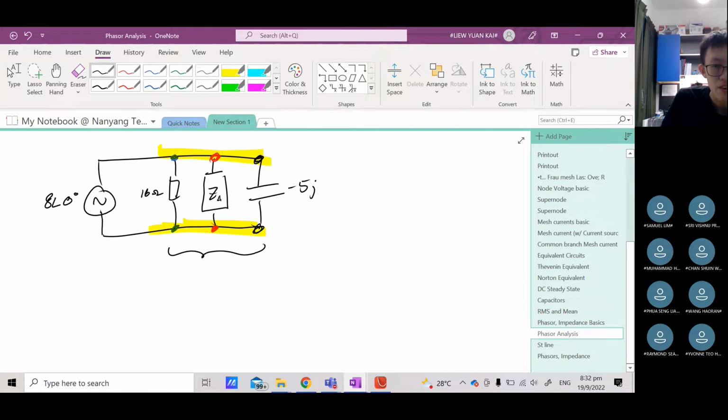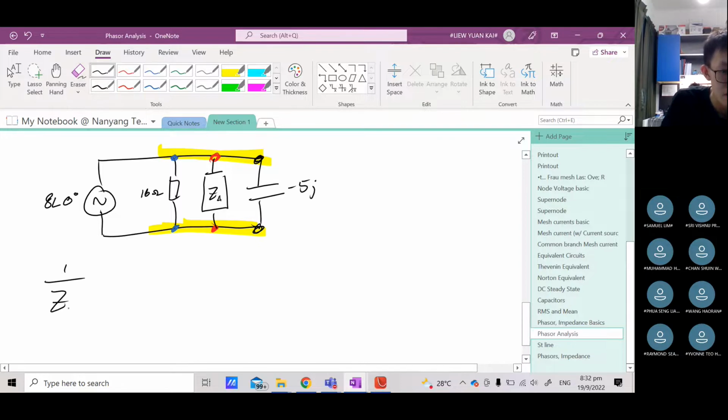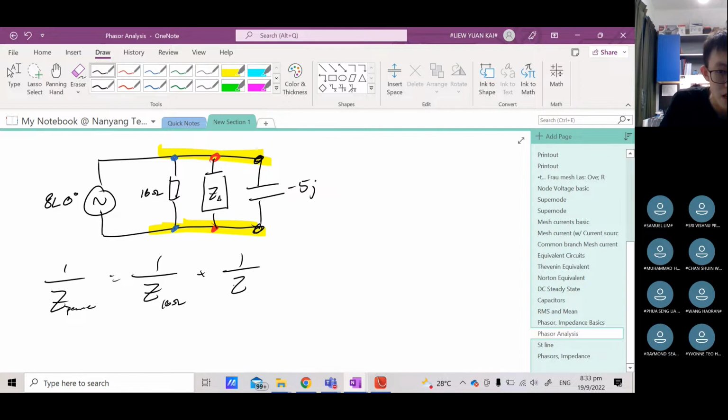Now we want to find the total impedance in parallel, correct? So we'll just use the formula that we already know. So 1 over Z parallel is given by 1 over Z 10 ohms plus 1 over ZA plus 1 over ZC.